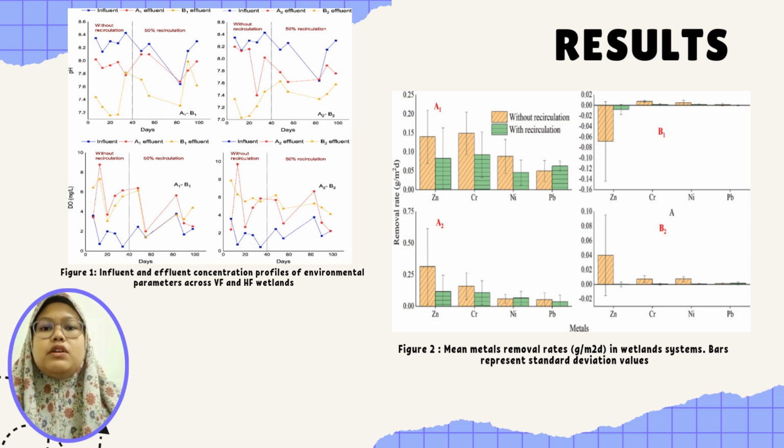The horizontal flow wetlands B1 and B2 had low metal removal rates over the course of the experimental trial. For both horizontal flow wetlands, removal rates during the no recirculation period were higher than those during the recirculation period.